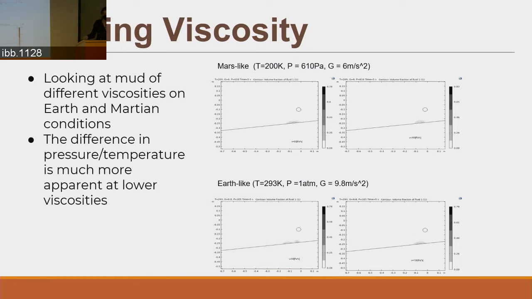From the data that we gathered, we learned that viscosity matters more than we might have thought, because in the lower viscosity, we saw a huge difference between Earth-like and Mars-like conditions, whereas in the high viscosities, they look almost identical. So this illustrates the point that when we analyze these formations, we need to take into consideration what kind of mud was making them. And all of this is to say there's a lot more to the volcanic features on Mars than we once thought.